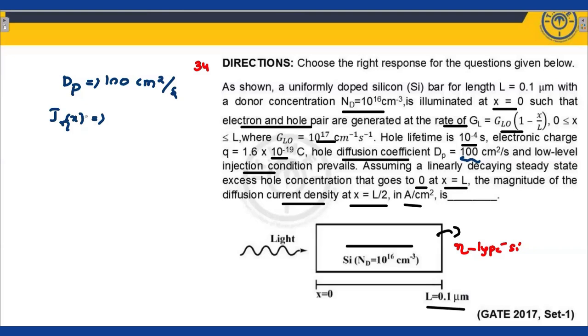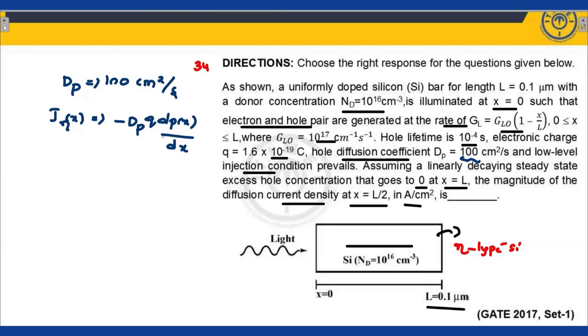In this particular semiconductor, the diffusion of holes gives dP into q into dp(x) by dx. These are the prevailing conditions.